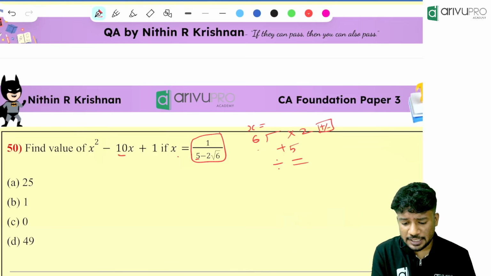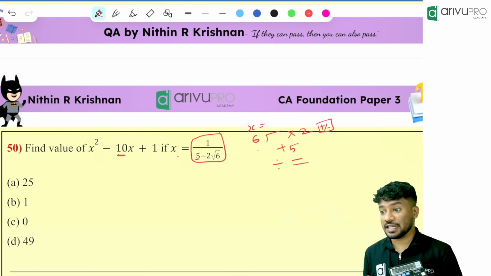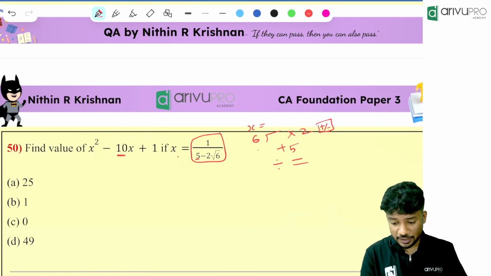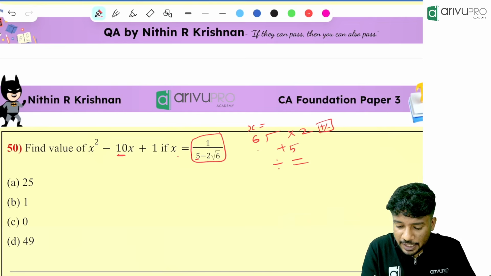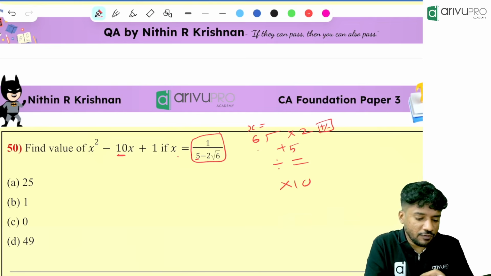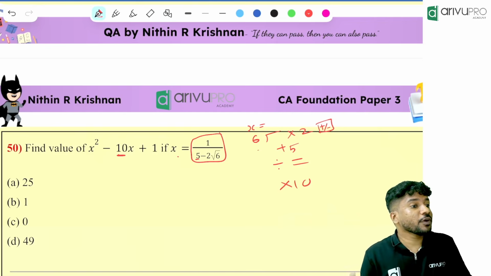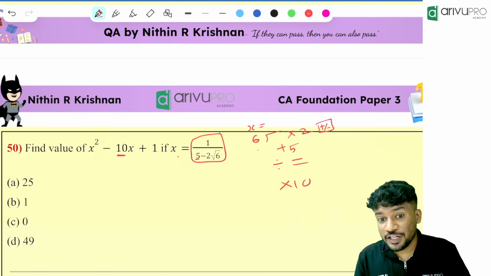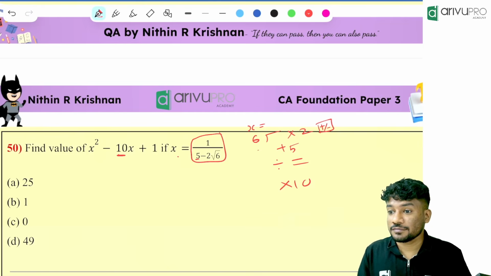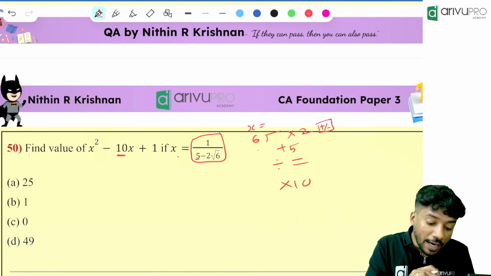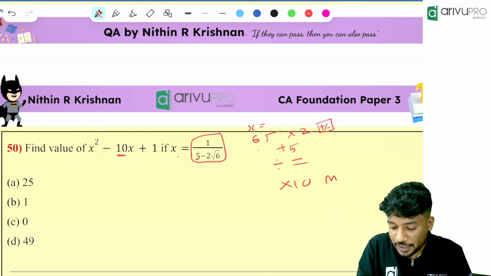So if I multiply it with 10, I will get 10x, right? Everyone take your calculator and multiply it with 10. How much you got? 98.98 something. Will you click m minus or m plus? M minus. Everyone click m minus.